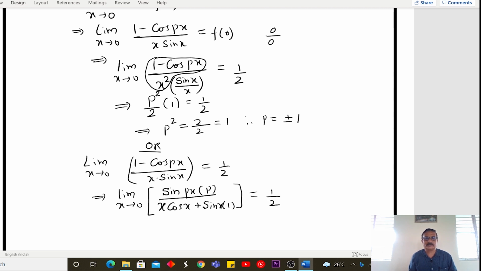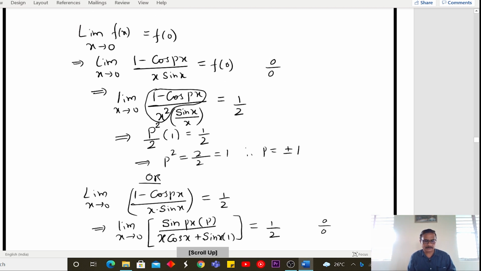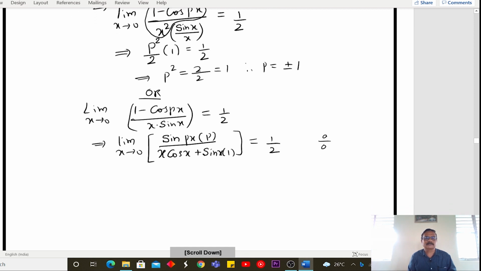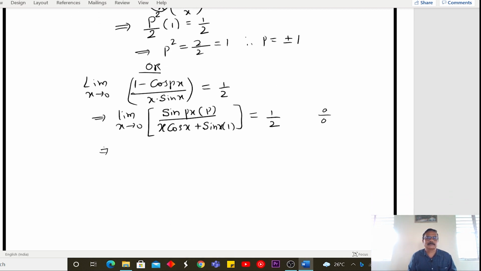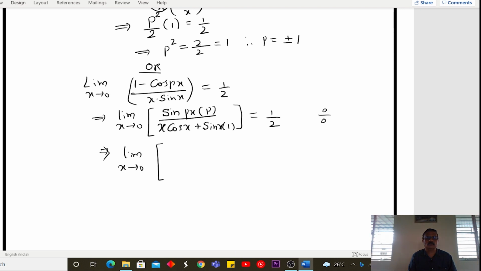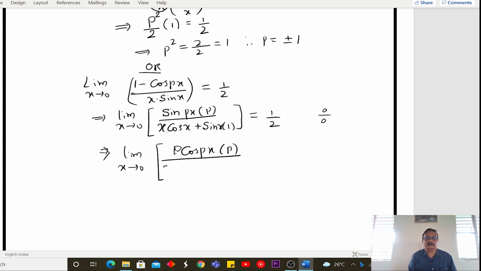Now put x is 0, what happens? p into 0 is 0, sin 0 is 0, 0 into any number is 0, sin 0 is 0, again it is in the form 0 by 0. So once again what can you do? Differentiate numerator and denominator separately. So this implies limit x tends to 0, p constant as it is, derivative of sin px is cos px into p, divided by, here product of two functions, apply product rule.